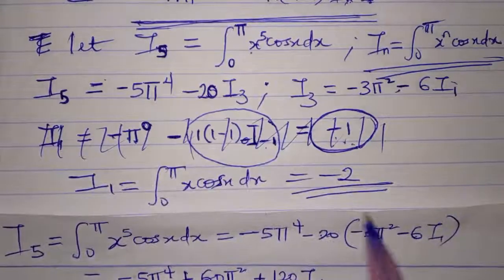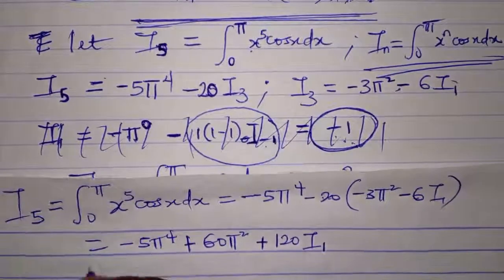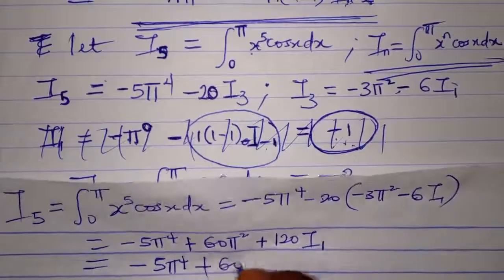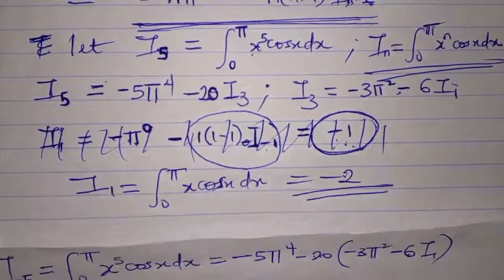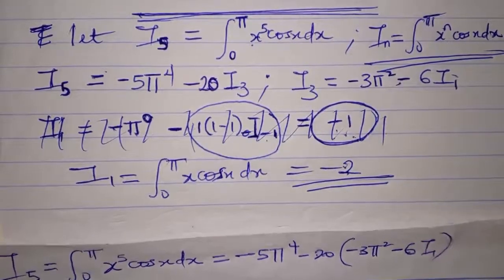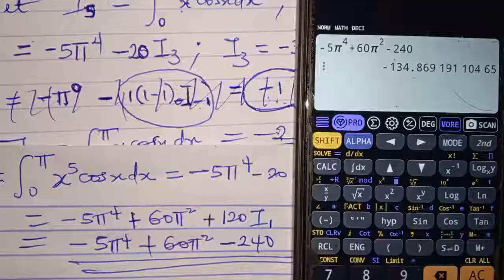And I1 is actually negative 2, right? So this will be minus 5 pi to the 4th plus 60 pi squared minus, of course, minus 2 times 120 is minus 240. So this is actually I5.